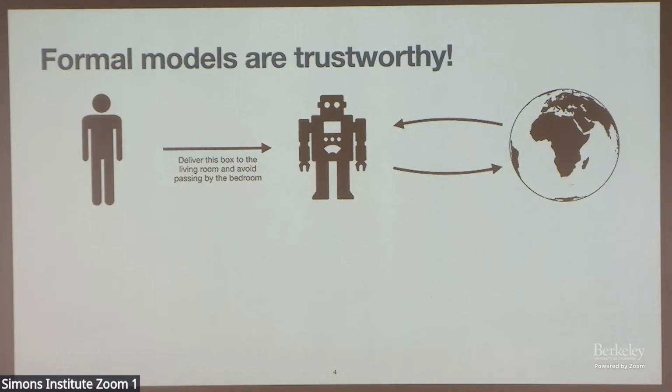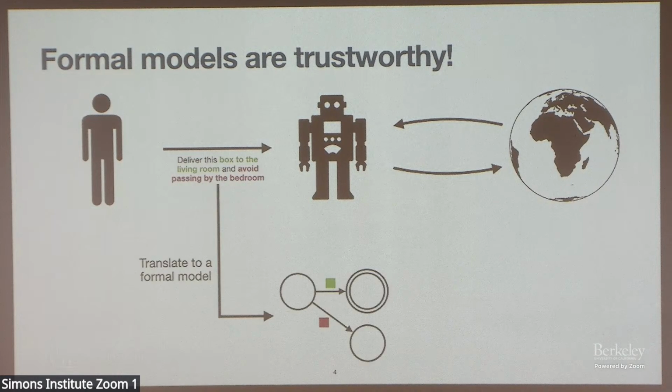So then we believe formal models are trustworthy. How can we incorporate them in this pipeline? I'll just draw a picture here, and then we can talk about the details. I think it would be very nice if we could take these instructions in natural language and somehow translate them to a formal model. I know this is not an easy thing to do, but let's assume it's possible. If we could do something like that, then we could pass this formal model to the agent as well.